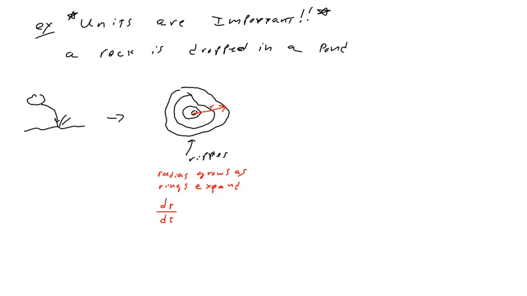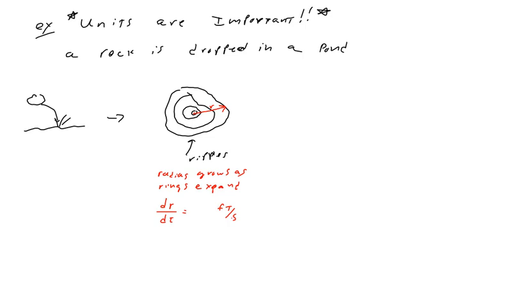And we're going to talk about this unit in terms of feet per second. It's growing at some rate, dr dt, in feet per second. So now we're looking at a real situation where we can look at a physical object and understand what's changing about this physical situation.